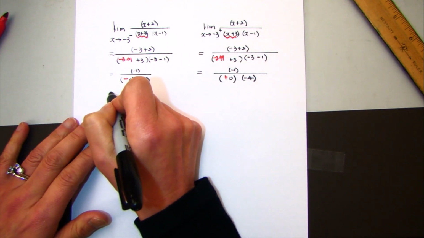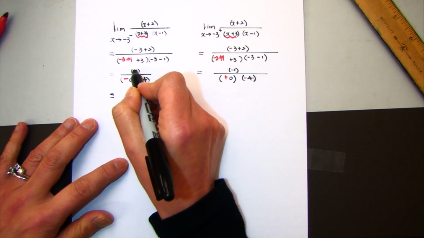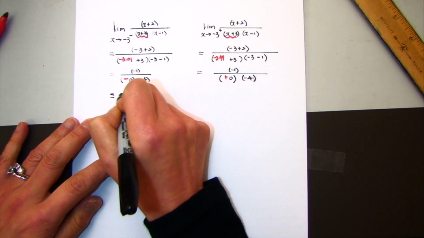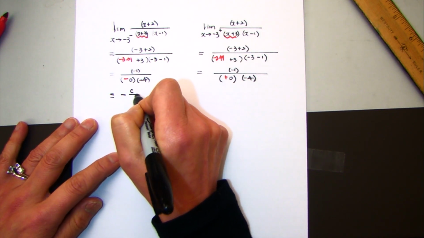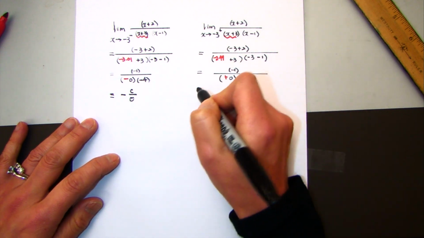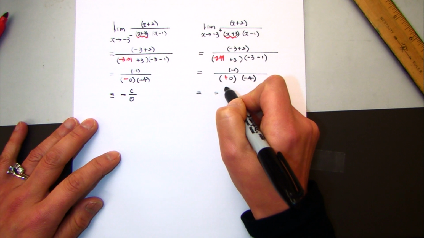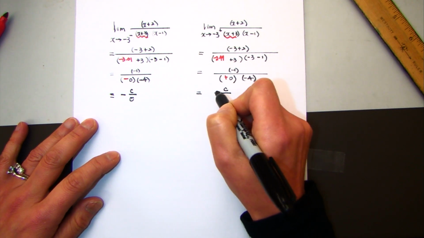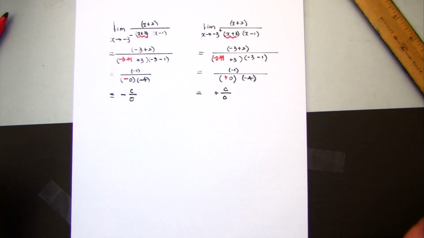Okay, put everything together. I just need one sign now. 3 negative signs. Let's write a constant in the numerator. The denominator gets close to 0. 2 negative signs. The result is positive. Some sort of constant in the numerator. Don't care. Not going to make any difference. However, the denominator gets close to 0.